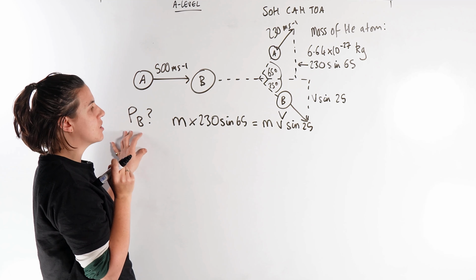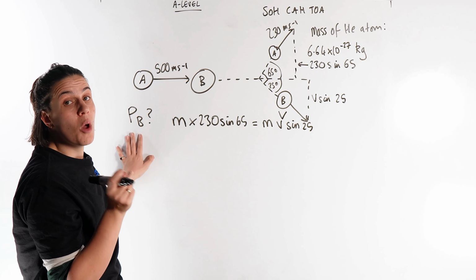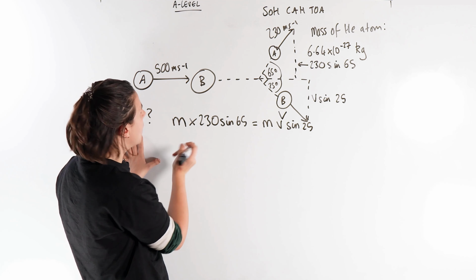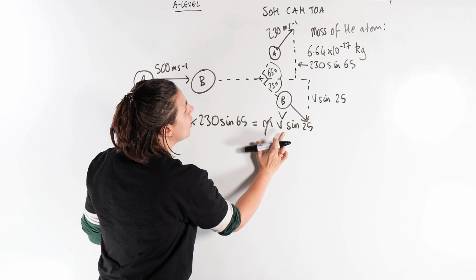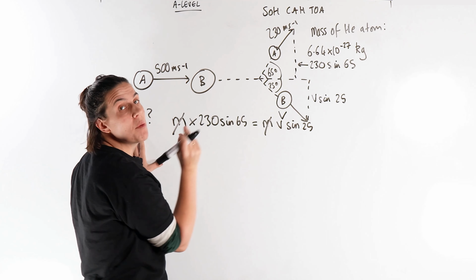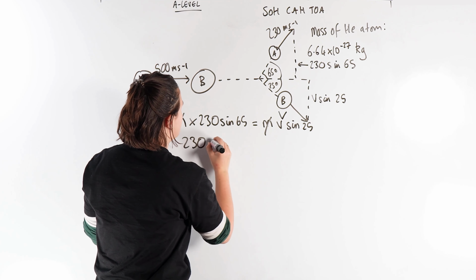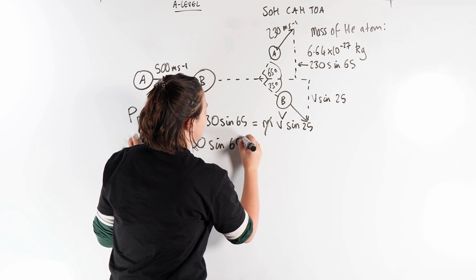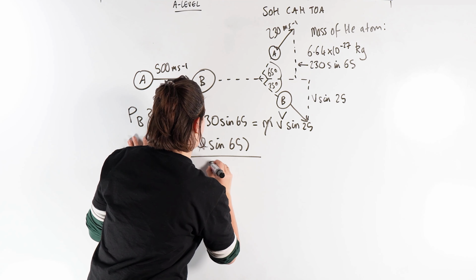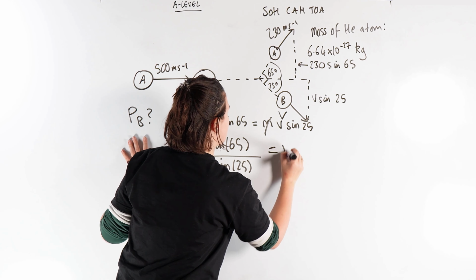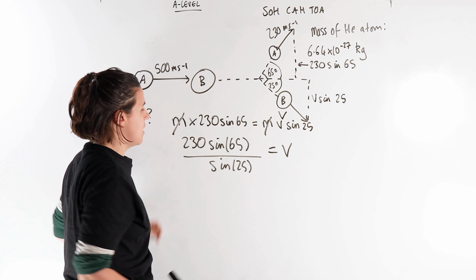Actually, I'm working out total momentum, so I will have to use it at some point, but I'm going to cancel. I'm going to work out what V is, and then multiply it by the mass. So 230 sine of 65, divided by sine of 25 would give me this velocity V here.